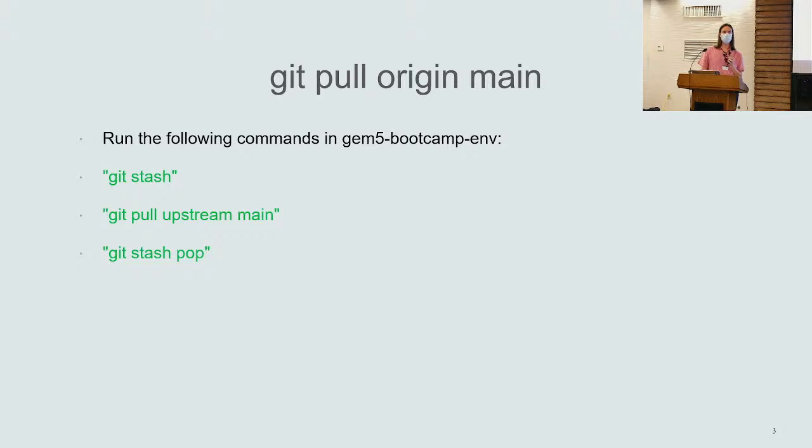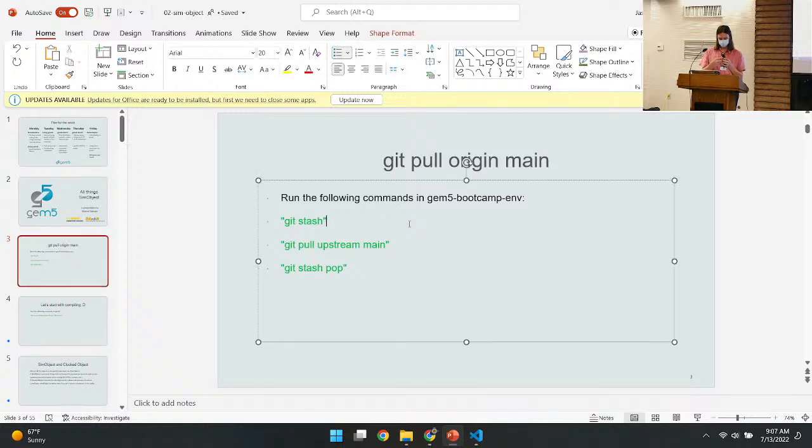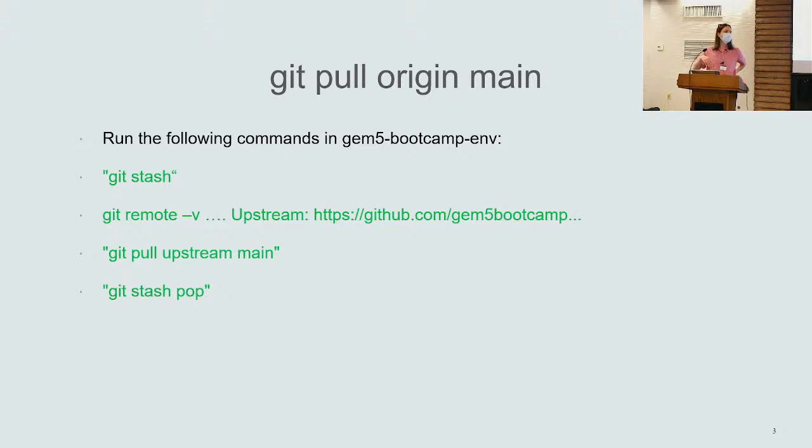Assuming you got it to work yesterday, and you added the remote upstream, if you run git remote -v to list your remotes, you should see the gem5 bootcamp as upstream if you went through what we did yesterday.